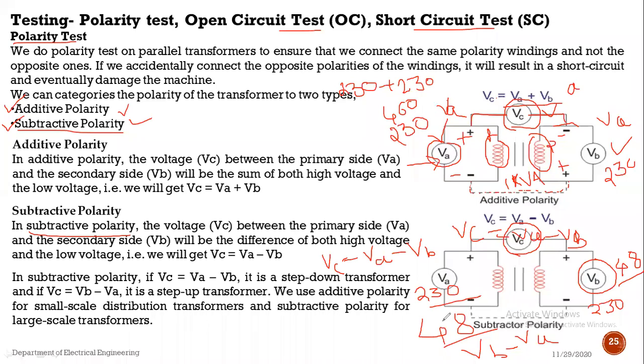Small scale distribution transformer जे आहेत त्याच्यामध्ये आपण additive polarity we use, and for large scale transformer, we are using the subtractive polarity. Okay, we are using the subtractive polarity in case of large scale transformer, and we are using additive polarity for small scale distribution transformer. So this is related to polarity test.